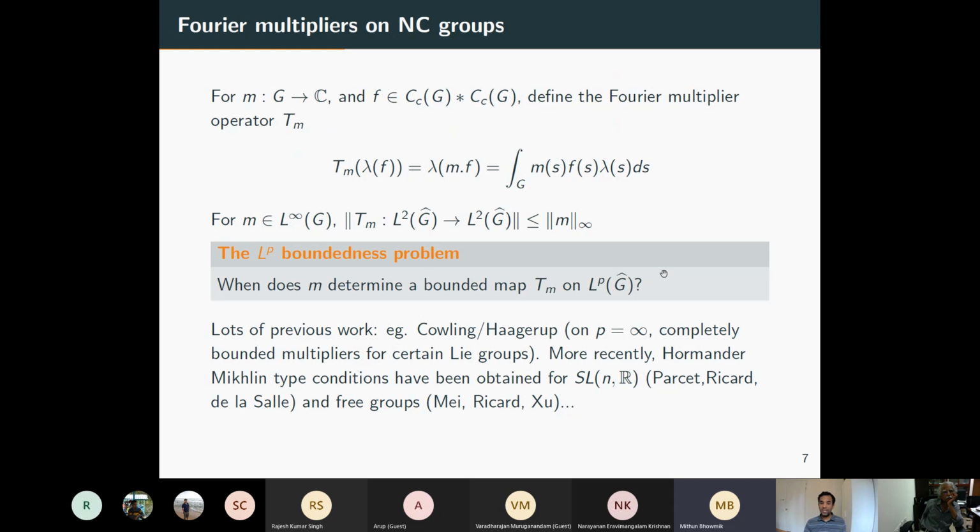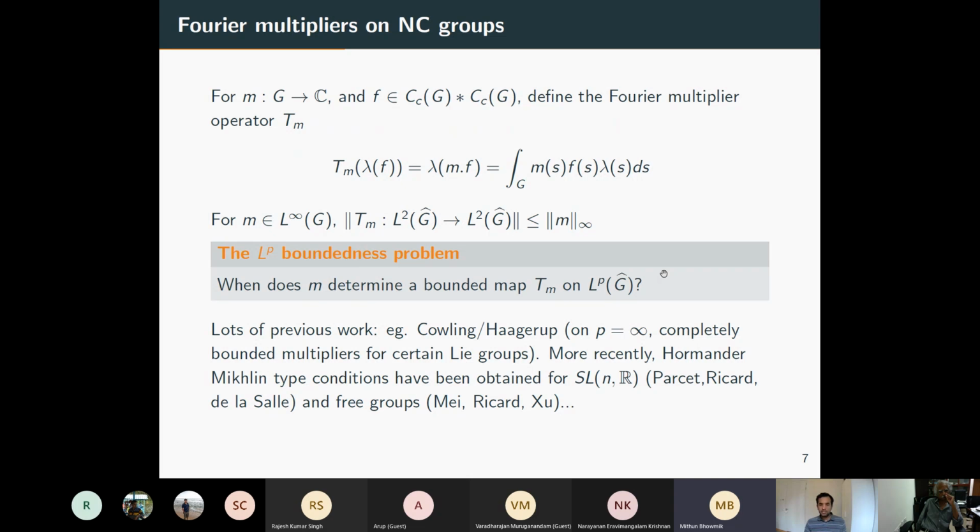Theirs was for p equal to infinity. So these were Fourier multipliers acting at the level of the von Neumann algebra itself. You're looking at completely bounded multipliers, and they characterized what some of these completely bounded multipliers look like for certain Lie groups of, I believe, real rank 1.